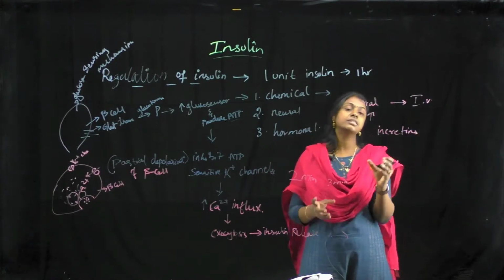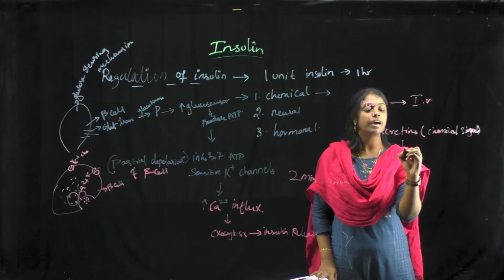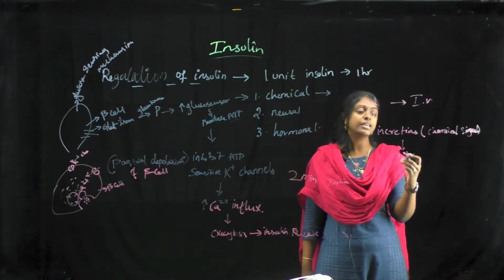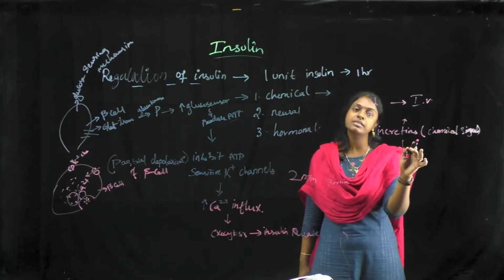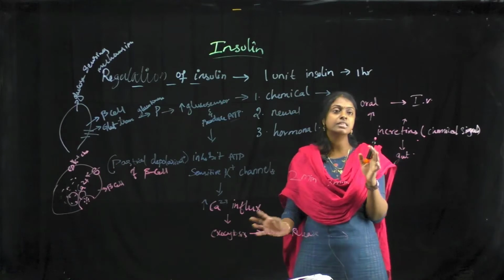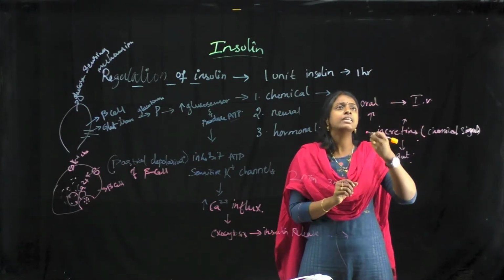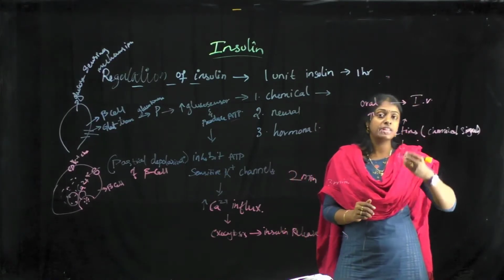So what is this incretin? These are chemical signals from the gut. What is the function of incretins? They increase insulin secretion. That's why we need incretins. As they are in the gut, when we take insulin, it will go into the bloodstream and start to take up this glucose.